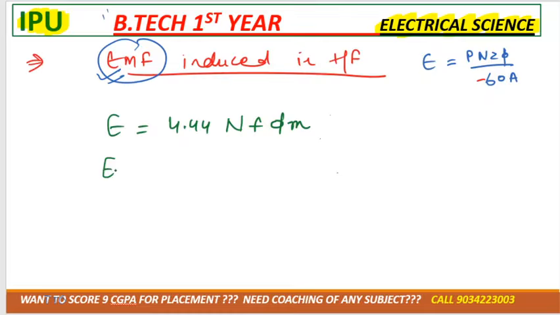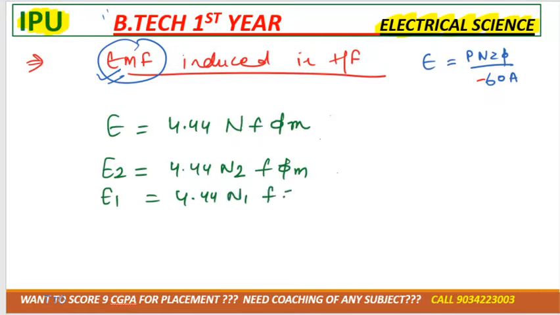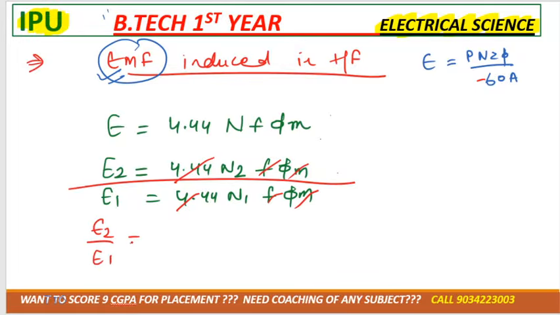If there is E2, then that will depend on number of turns N2, and if there is E1, then that will depend on number of turns N1. Then we divide them, and this will cancel out, right? So we get E2 by E1 is equal to N2 by N1, which is equal to V2 by V1.